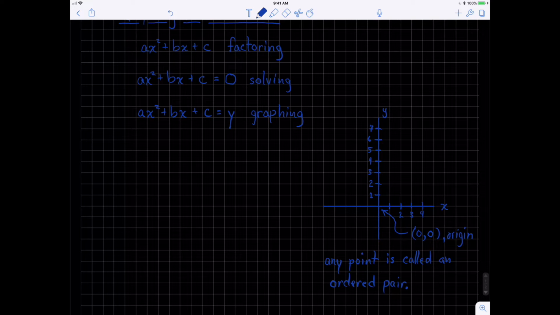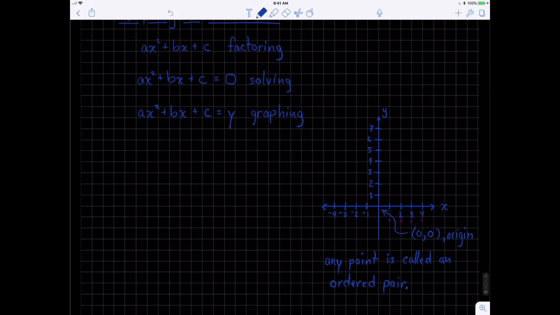Now, if we count down, say we're here at x is 4, we go 4, 3, 2, 1, 0. And then if we go to the left of 0, we have our negative values. So this would be -1, -2, -3, and so on. And on these graphs, sometimes you'll see arrows. It means they just continue on forever. You can always just keep extending it until the end of your paper.